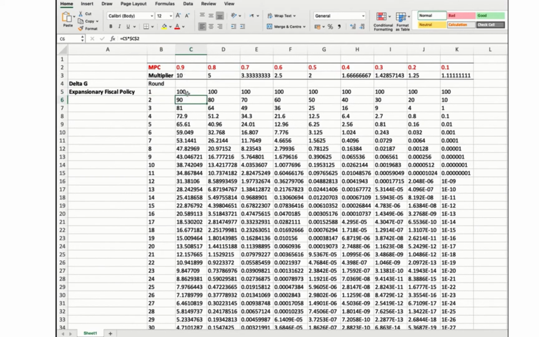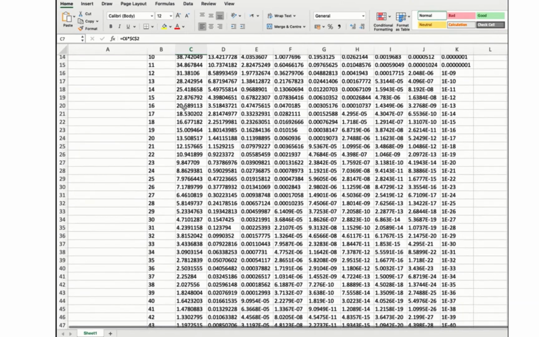If the marginal propensity to consume was 90%, people will spend 90% of this 100 pounds of income, so income will increase by 90 pounds. In the following round, those who receive the 90 pounds will spend 81 pounds or save 9 pounds, and that will carry on until the effect disappears.